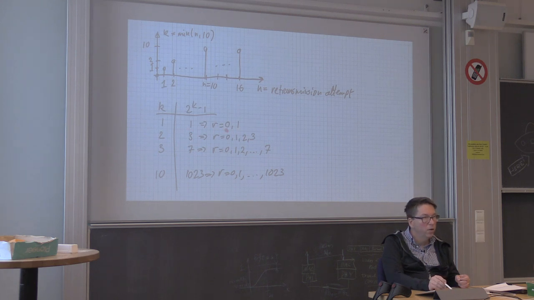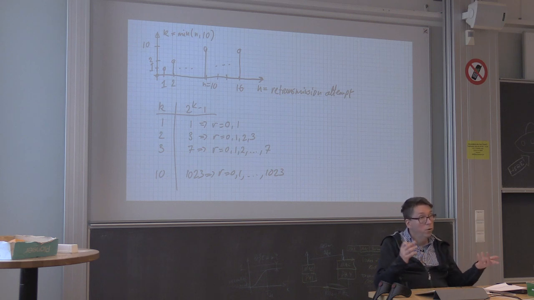So maybe I get 0 and somebody else gets 0, somebody gets 1 and so forth. So the probability of collision is pretty high here. It's actually 1/2 if we have only 2 nodes, but if we have 4 nodes, then the probability of another collision is quite high.